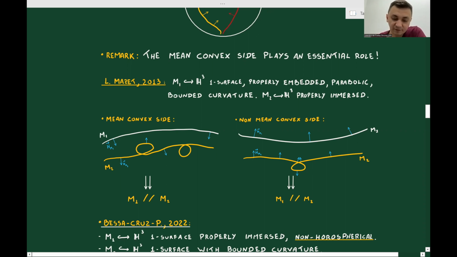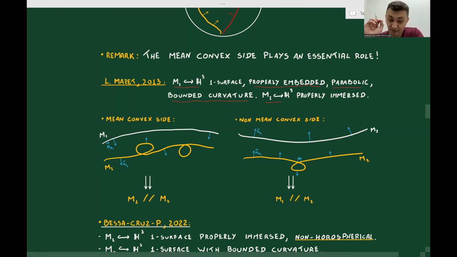Mazet considered a CMC-1 surface M1 in the hyperbolic space, properly embedded and parabolic, and also with bounded curvature. And M2 here is a CMC-1 surface, a proper immersion. So M2 is not embedded.